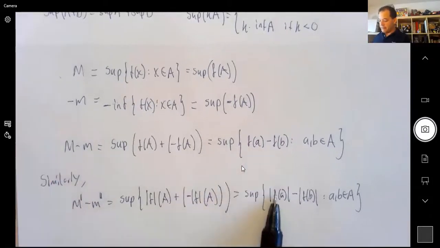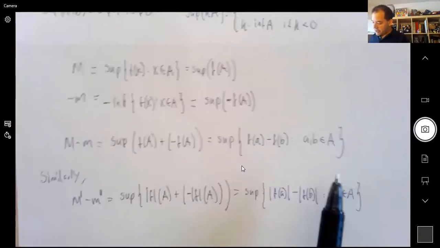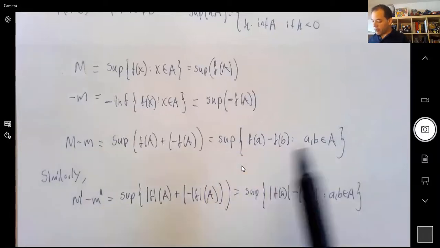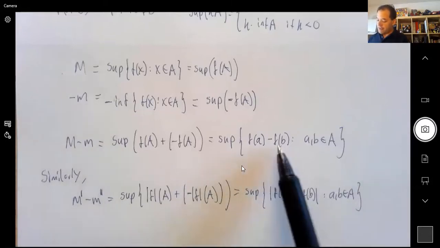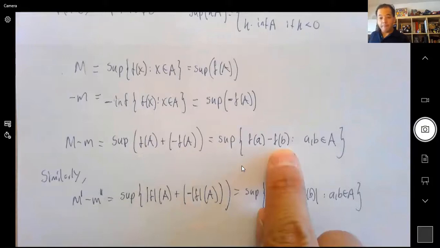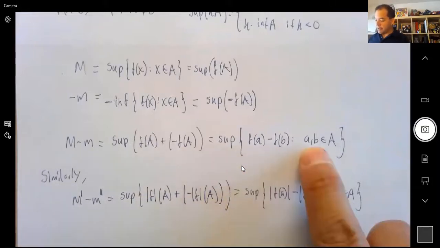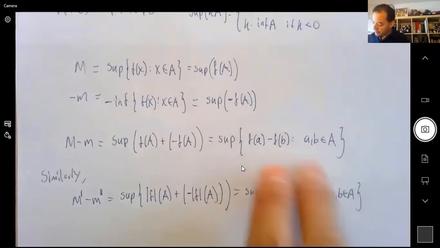So how do we know that this supremum is bigger than this? The reason is that, term by term, you can assume that f of a is bigger than f of b. Otherwise, it won't be the supremum. If this number is negative, you can flip it and it's going to be positive. You can change a by b and b by a, because you're going over all pairs. So you can assume that these numbers are positive.